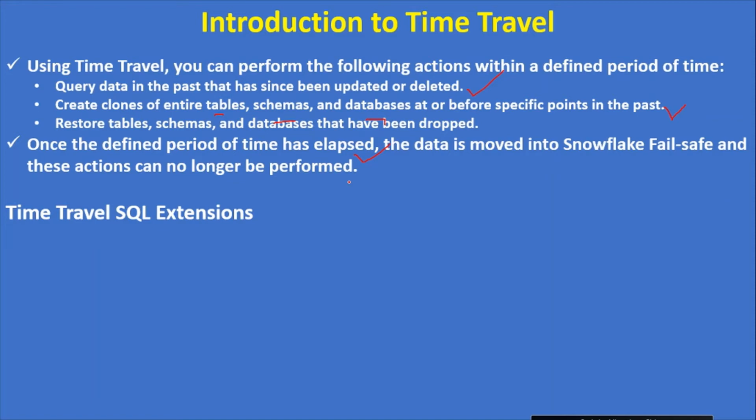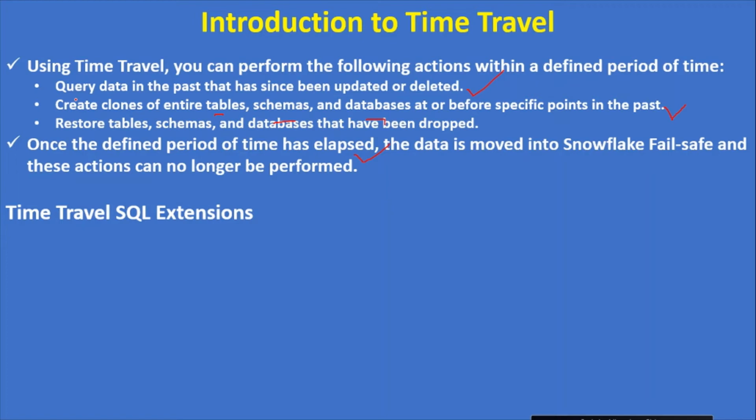That object will be moved to fail safe, and you cannot perform all three operations above: querying the past data, creating the clone table, and restoring the tables. A clone table is nothing but a copy at a past point in time.